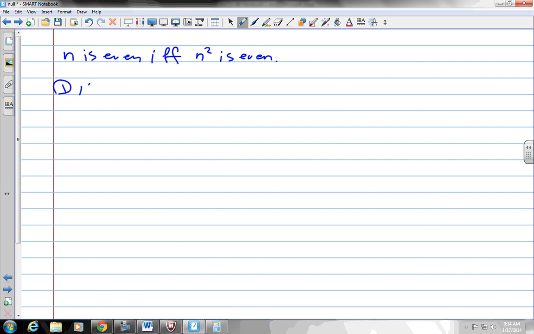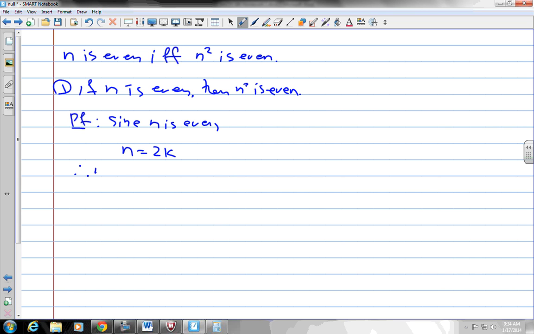If and only if means I need to do two things. So first thing, if n is even, then n squared is even. That's easy to prove, because, and don't write this down, I'm going to do it really fast. Since n is even, that means I can write it n equals 2k. That's what it means for something to be even, right?